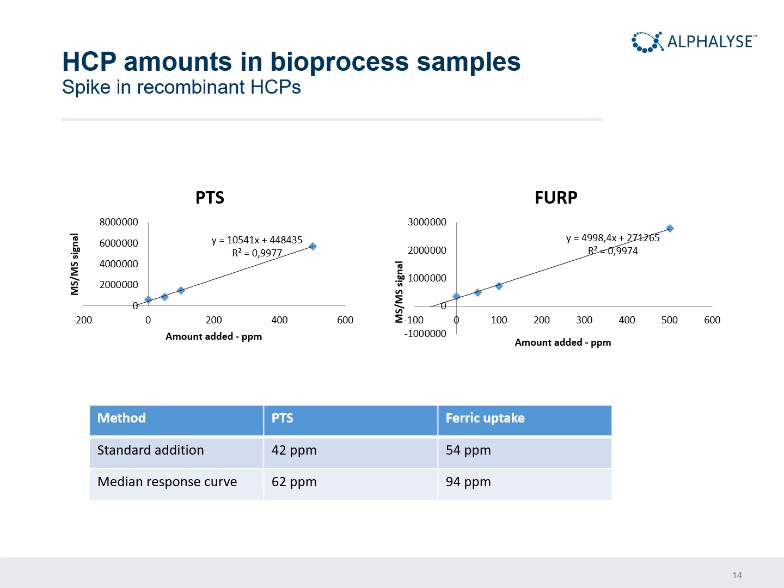We could then quantify what was in the original sample by reading out the point down here at the x-axis. By doing this, we got 42 ppm for the PTS protein and 55 ppm for ferric uptake protein. Then we compared that with the sum-all median response curve calculations, and those numbers are very similar, I would say. So this shows that the method is reliable and also absolute compared to this other method of standard addition.